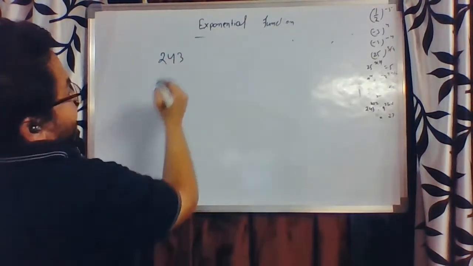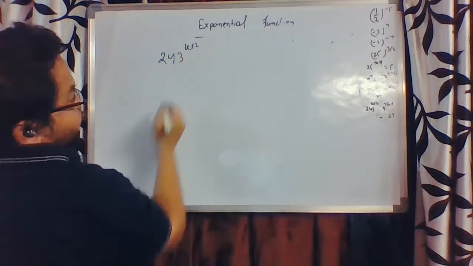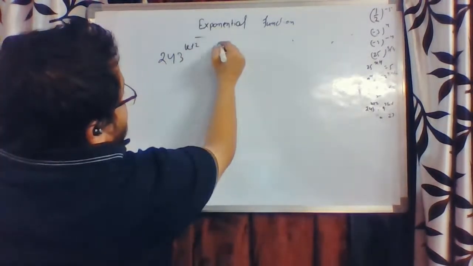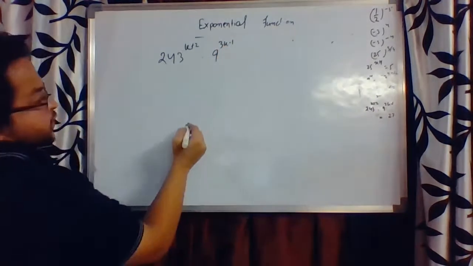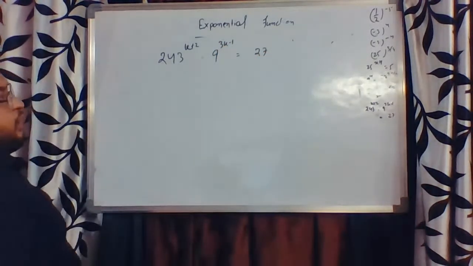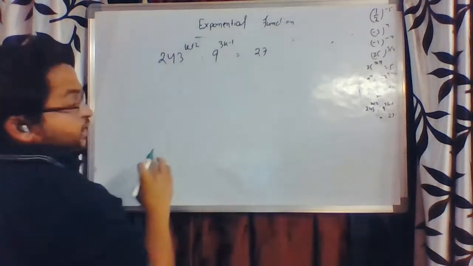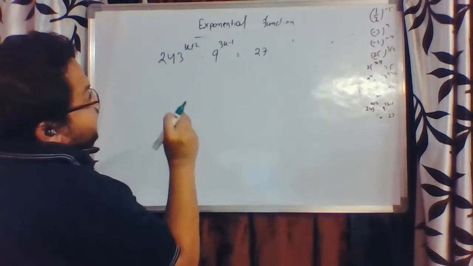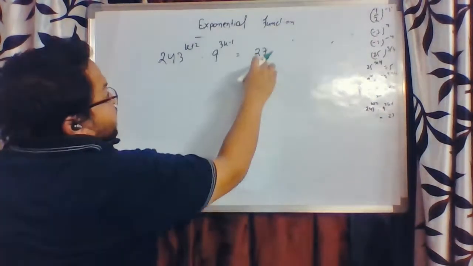243 to the power k plus 2 into 9 to the power 3k minus 1 equals 27, right? So now again, my aim is the same. I want to express each term in the equation as an exponent of the same thing.